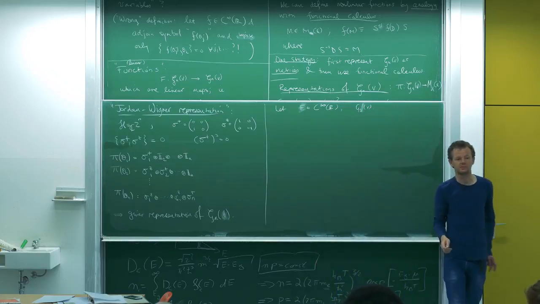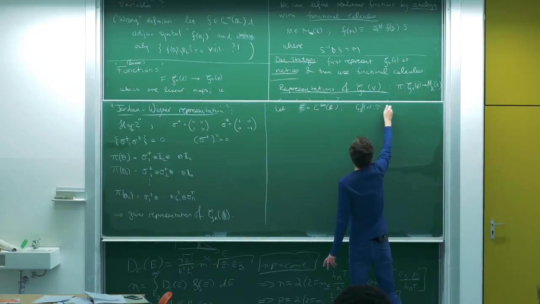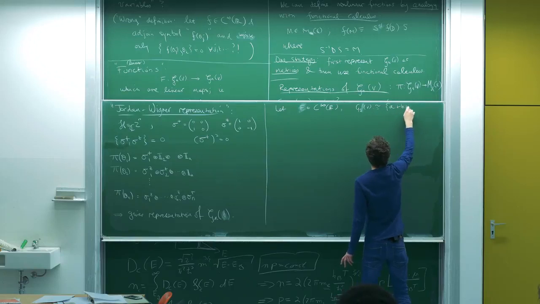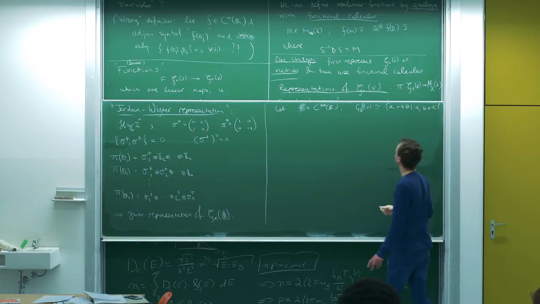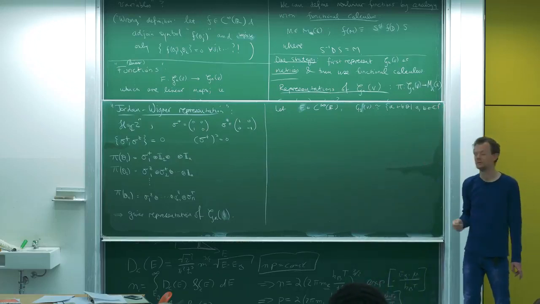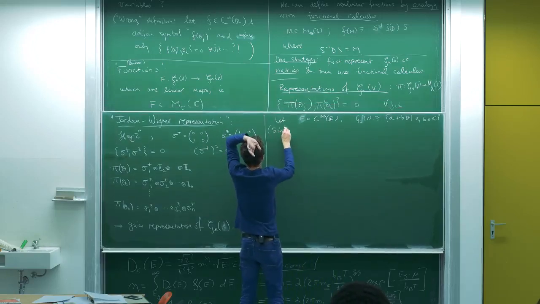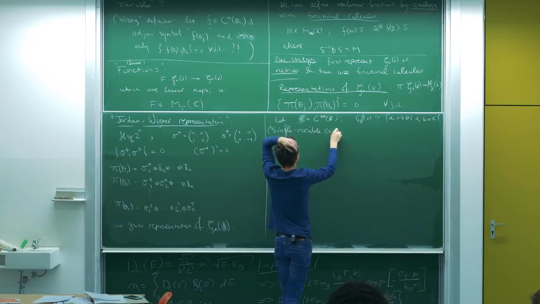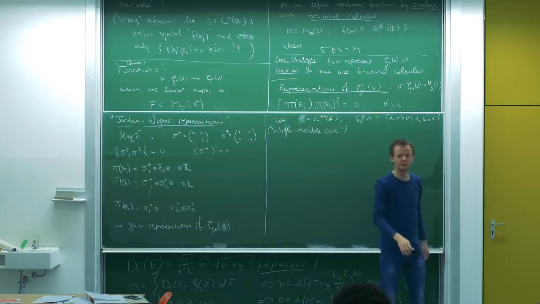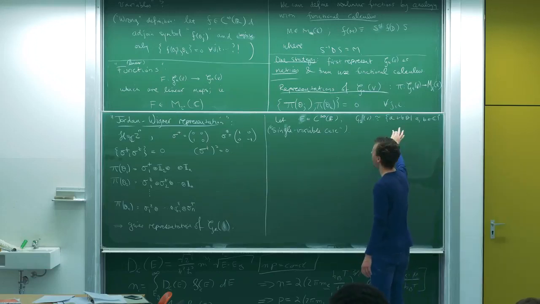So this is the vector space of the single Grassmann variable, single Grassmann number. So this is just the space of A plus B theta such that A and B are complex numbers. So this is what you might call the single variable case of defining a function of Grassmann number.